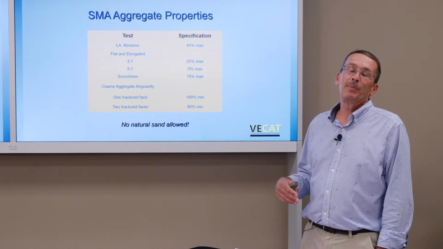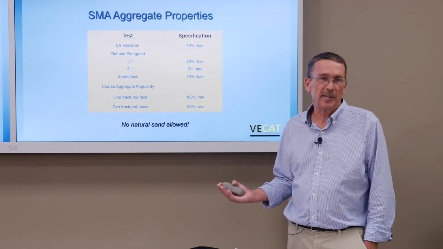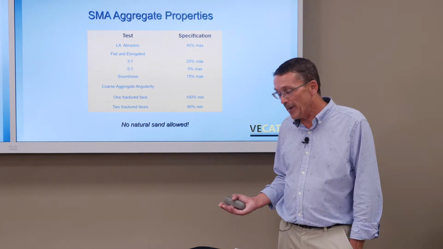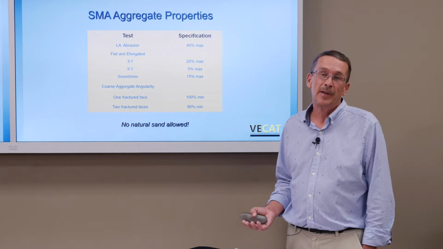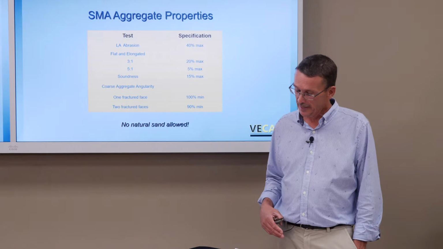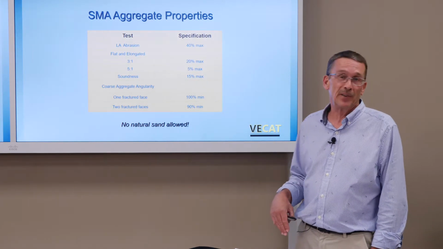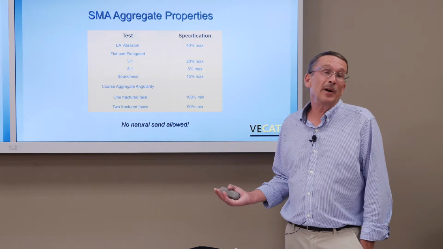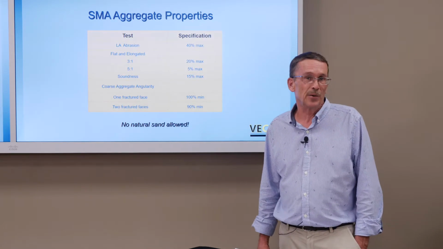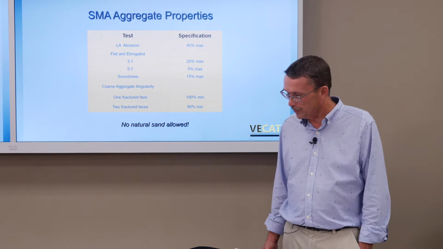We talked about the breakpoint sieve a little while ago, and if you're trying to get 9.5%, let's say, passing your 200 on your design, and if you use a mineral filler that's right at 55% passing the 200, that's going to force you to put more mineral filler into your mix, therefore running a risk of your VCA mix failing. Experience tells me in my case that I like to use a mineral filler anywhere between 65-73% passing the 200. And remember, the minimum is 55% passing the 200.